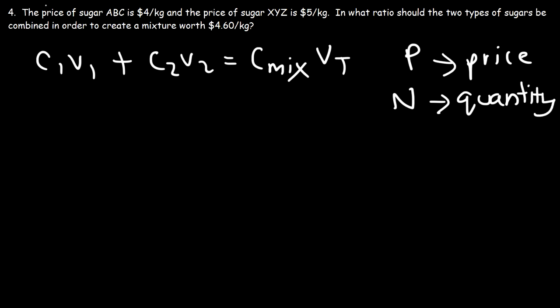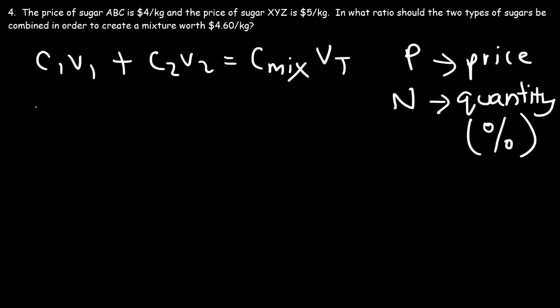Now, we don't have any quantity values in this problem. Perhaps kilograms could be the quantity, but we don't know how many kilograms the mixture contains or anything like that. So because we don't have any values for the quantity, we're going to use percentage to represent the quantity.